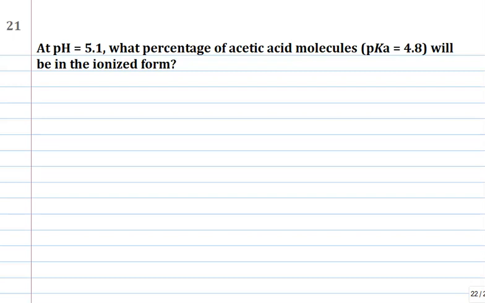So you need to know which form of a carboxylic acid is ionized. Okay? So this is where I think you really do have to draw out acetic acid, or just some general carboxylic acid if you don't know what acetic acid is. Although we use it over and over again, you probably should know what that is.